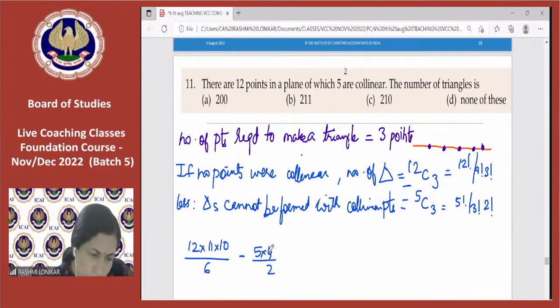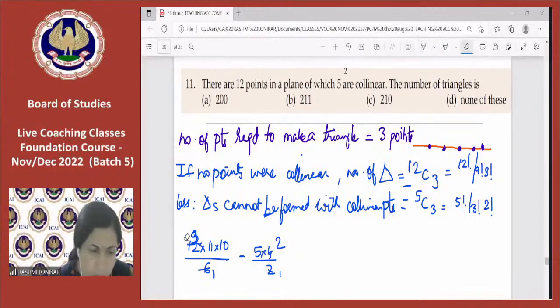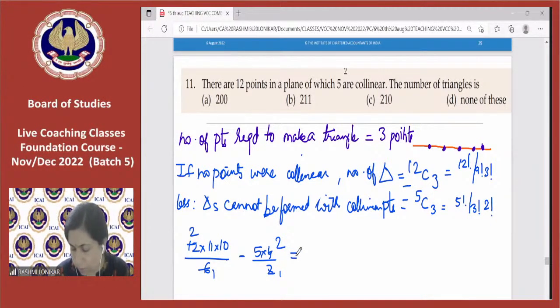So I'm dividing 12 by 6. 6 twos are 12. So how much is 2 into 11 into 10? 220. Minus 2 into 5, that is 10 triangles which will be formed from the collinear points.